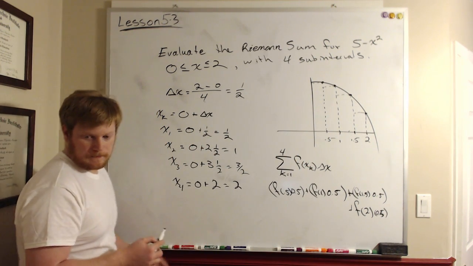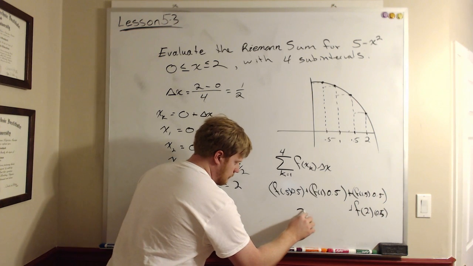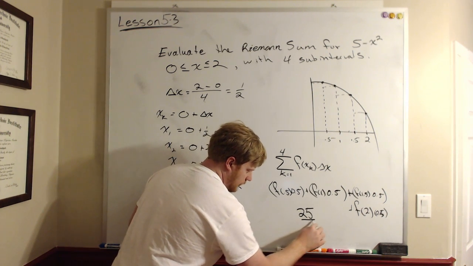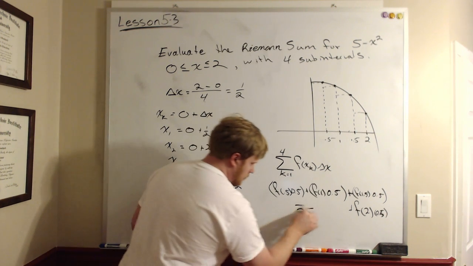Okay. And this sum comes out to something like 25 over 4.